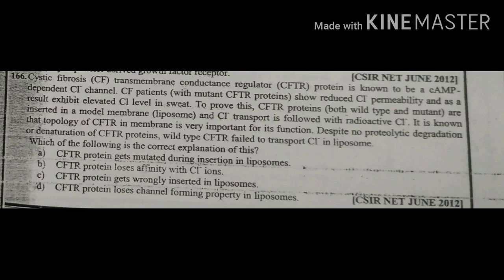So it's asking which of the following is the correct explanation, and it's clearly seen that C is correct, where the option is that the CFTR protein gets wrongly inserted in the liposome.